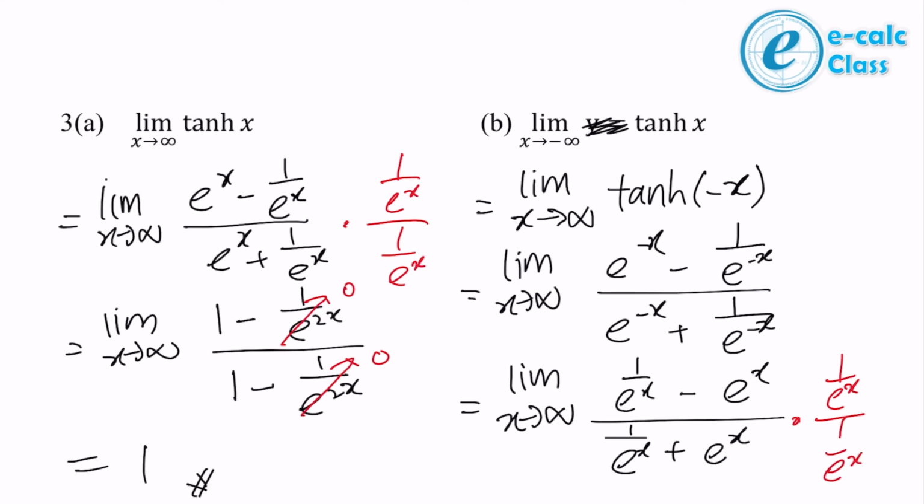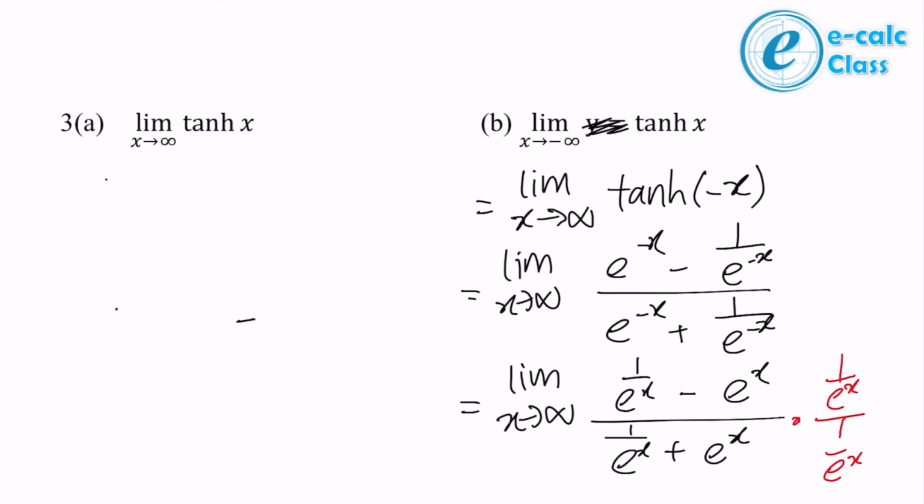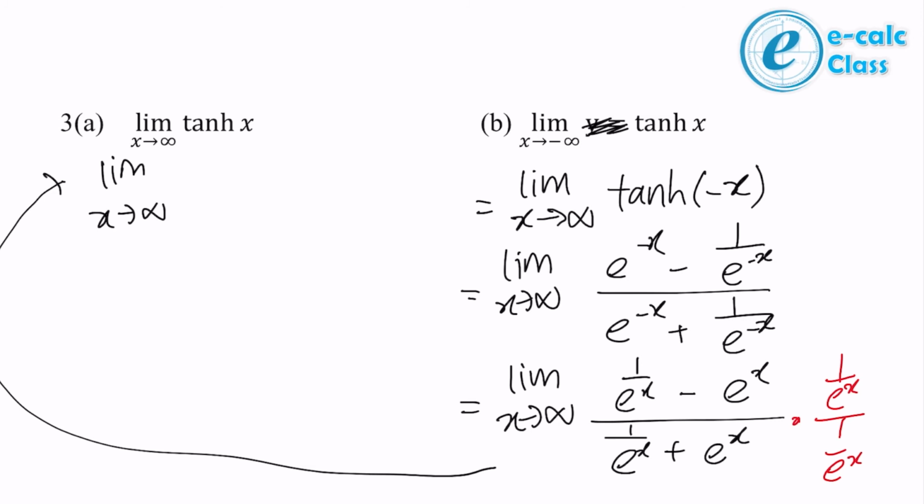Let me just clear some space here. Alright, so I'm writing over here. So right here, the limit as x approaches infinity of this will just be 1 over e to the 2x minus 1, over 1 over e to the 2x plus 1.